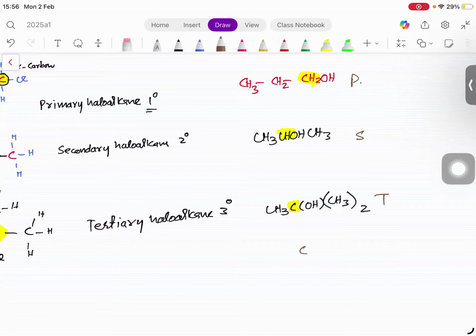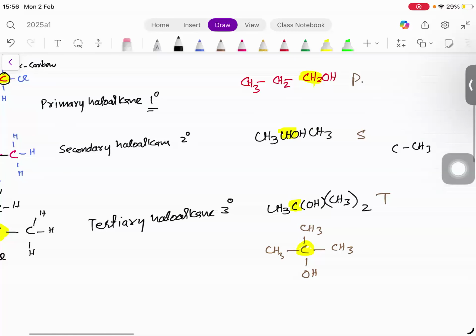When there is no hydrogen attached, or when there are all three carbons attached with the alpha carbon, this is called tertiary alcohol. When there are 2 carbons attached, it is secondary alcohol.